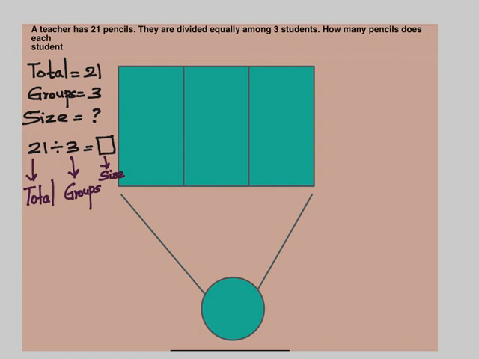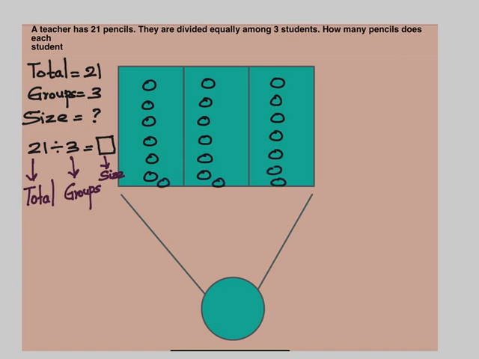So let's start dividing. 21 divided by 3. Let's do it. So there are 3 groups. 1, 2, 3, 4, 5, 6, 7, 8, 9, 10, 11, 12, 13, 14, 15, 16, 17, 18, 19, 20, 21.